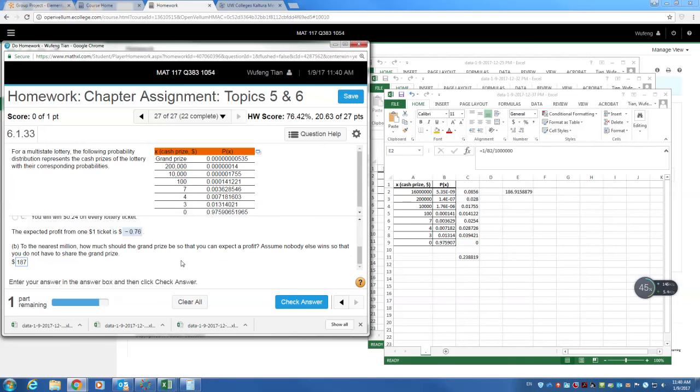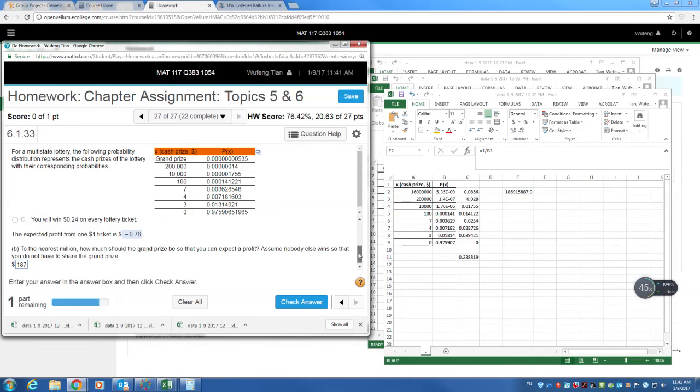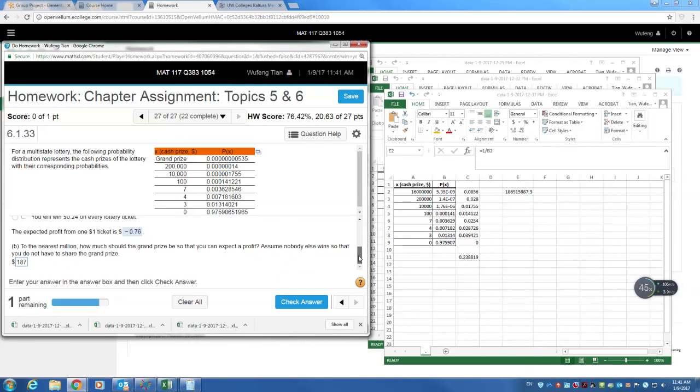How much should the grand prize be so that you can expect a profit? I won't share the grand prize. So that's probably 1 divided by this number. $187 million. Assume nobody else wins so that you do not have to share the grand prize.